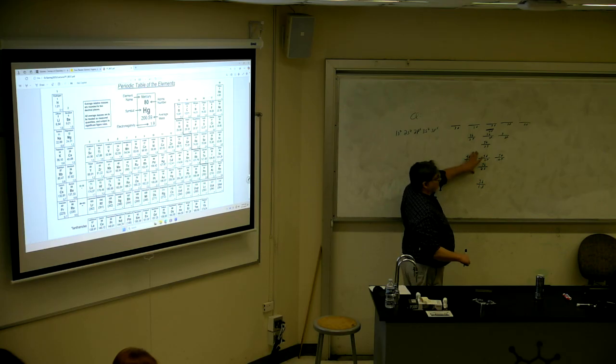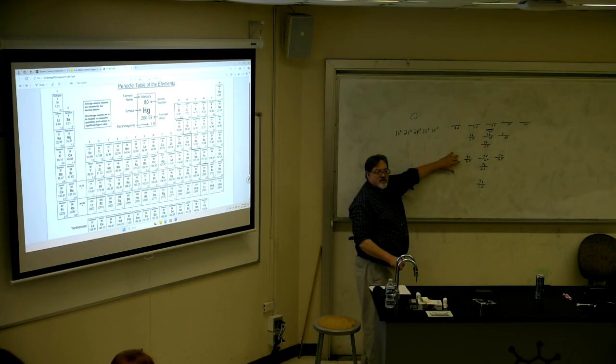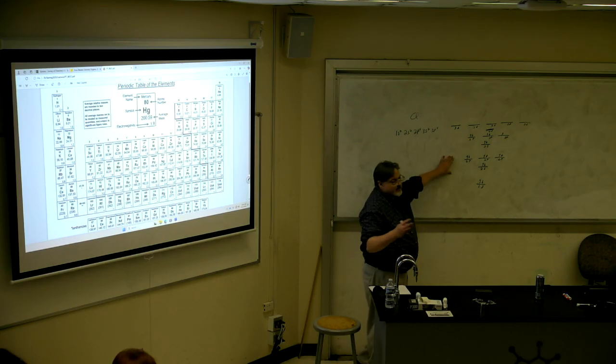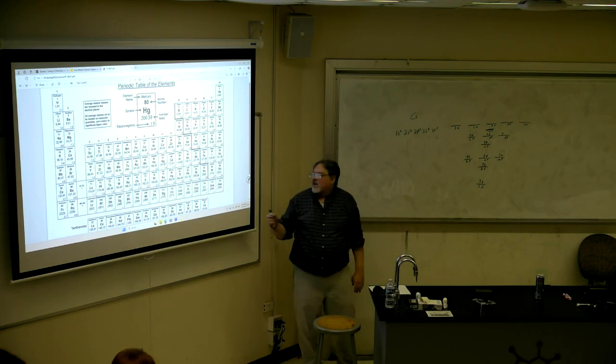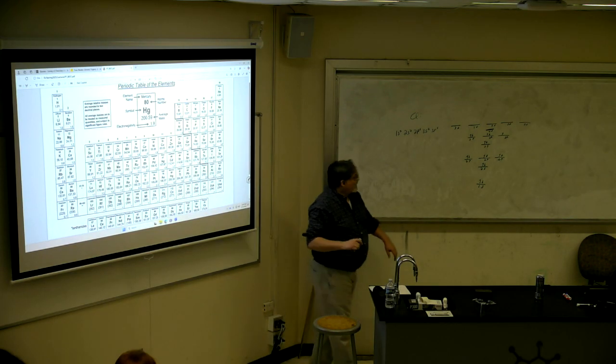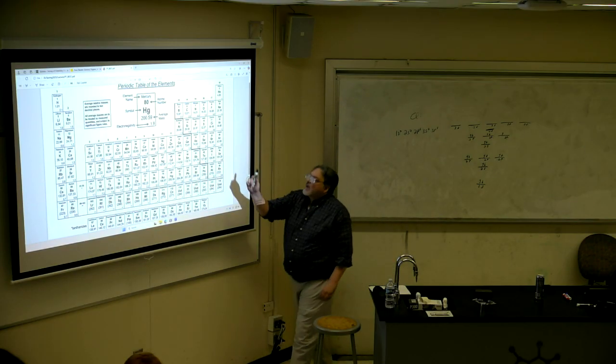Up through here, if there were no electrons up here, and I had the S and the P's all full, what is that? If these were empty, and we just stopped there, well, that has what we call the stable octet. The atoms, the neutral atoms that naturally have the stable octet are the noble gases.